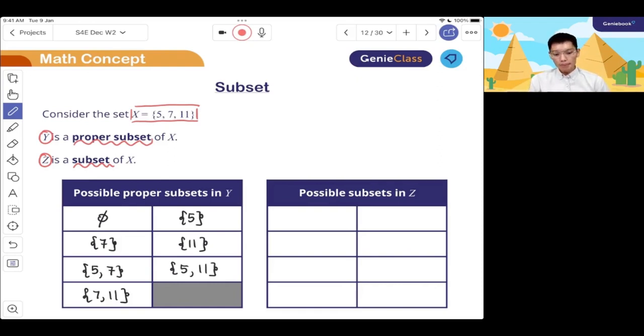Now, what about a normal subset? So I relax the condition a bit. Okay, so in this case, a subset is actually all the elements over here, but let's think about this. Does the whole set over here, 5, 7, and 11, become a subset of X? Does it become?